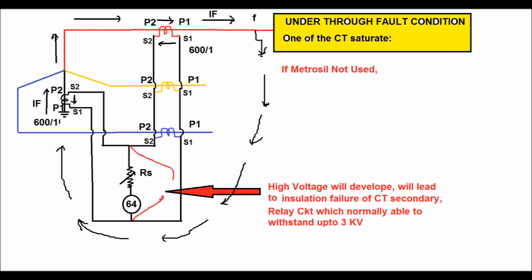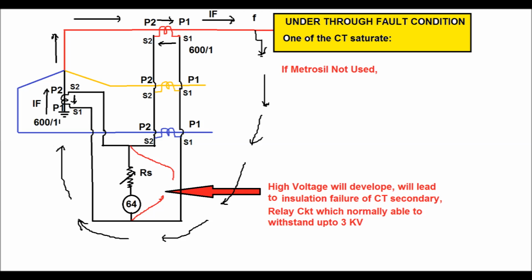What will happen if the Metrosil is not used? Now if the Metrosil is not used, then under through fault condition, since the earth fault clearing is taking some time, somehow 100, 200 millisecond or even more, depending upon the magnitude of the current, a high voltage will develop across the resistance and the relay, and this high voltage will lead to failure of the insulation of the series secondary relay circuit if the value of the high voltage is more than 3 kV.